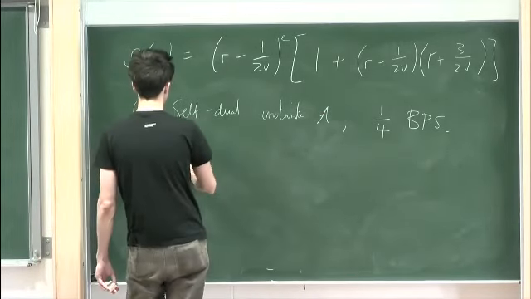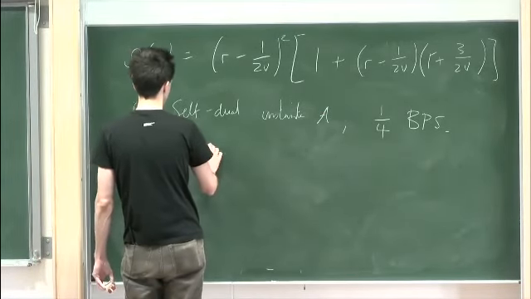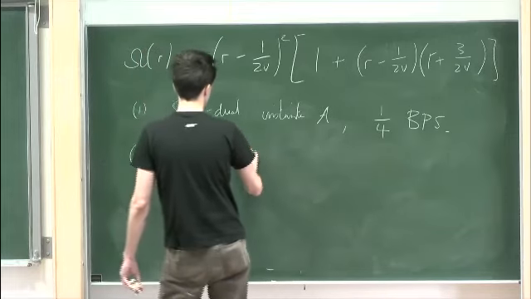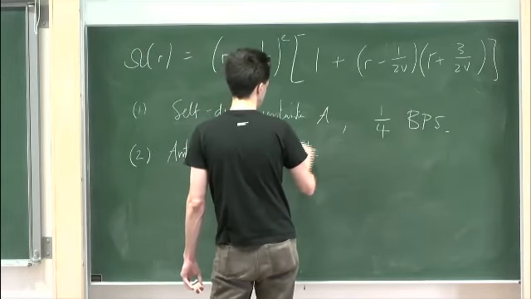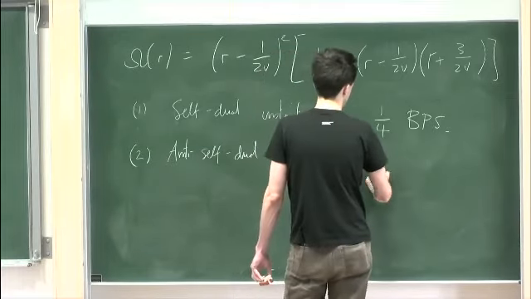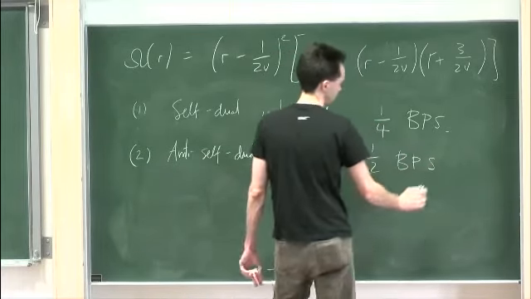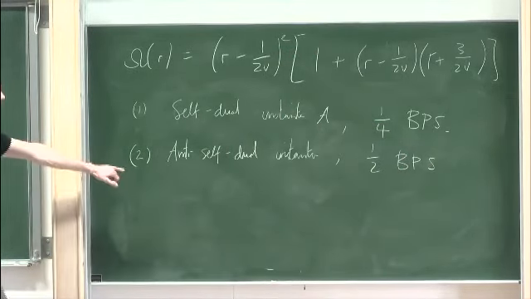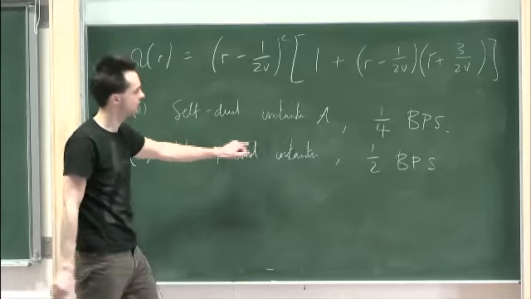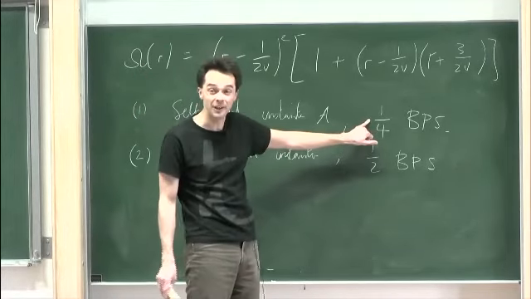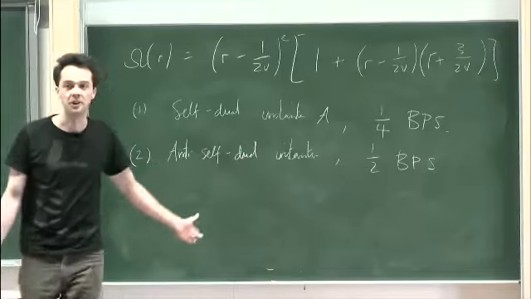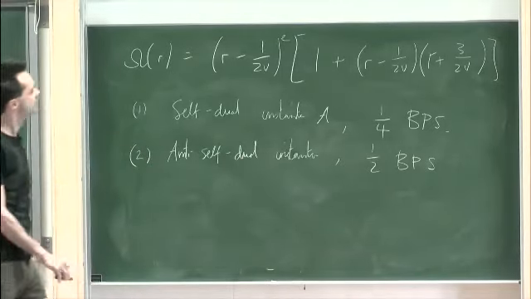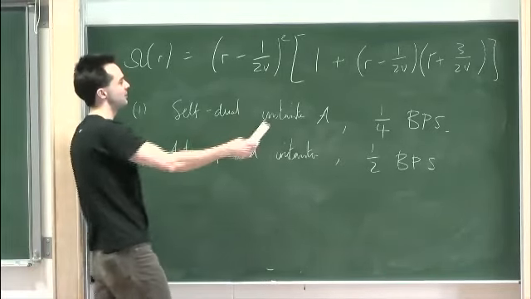And the other one is, in the same conventions, an anti-self-dual instanton. So they're different, I mean, a different gauge field. And this one's actually half BPS. And you see in the solutions this behavior under the SU(2) isometry. Here it's a singlet. That's why it's quarter BPS. This one's a doublet under SU(2), so you have 2 of them. That's why it's half BPS, whereas this one's a quarter. And this precisely works, okay?